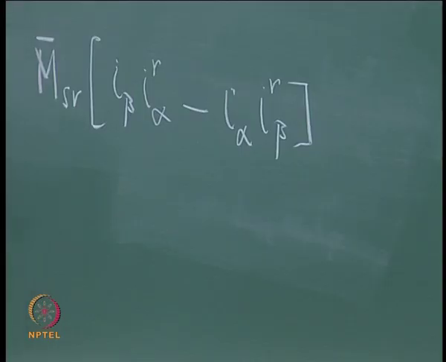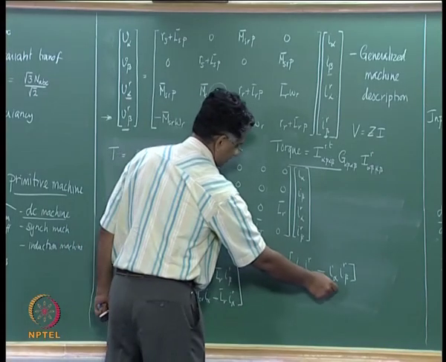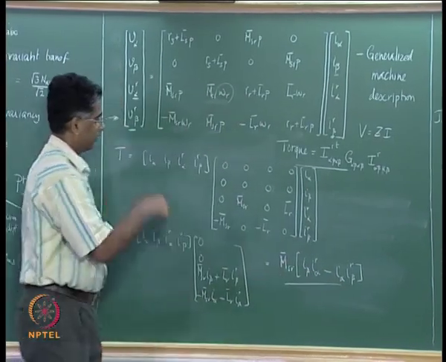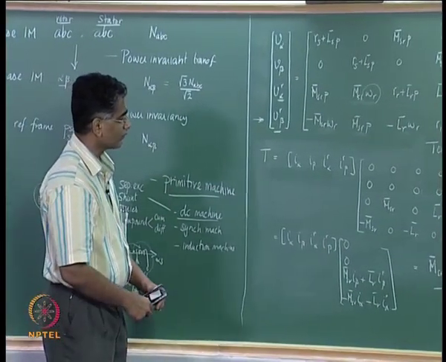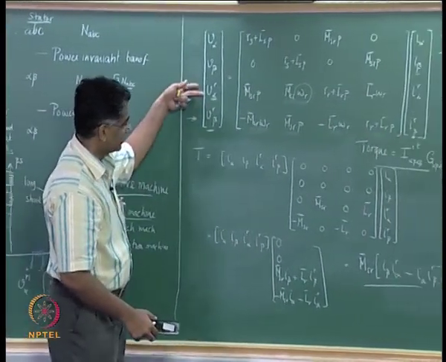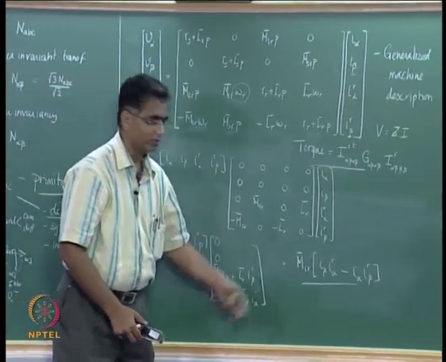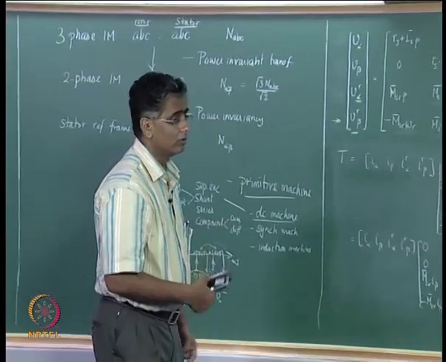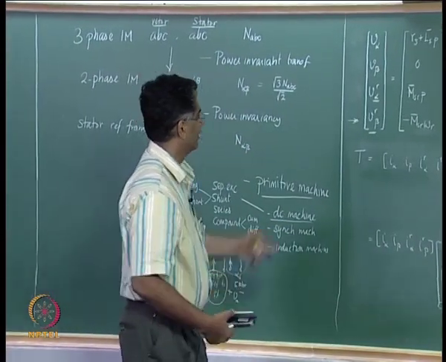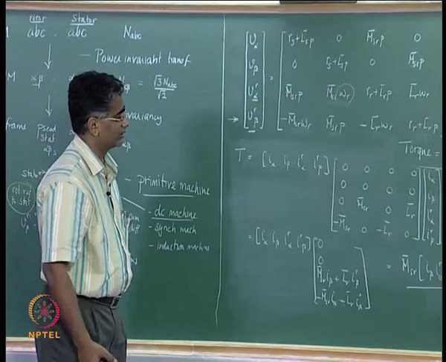So this is then the expression for the generated electromagnetic torque in the machine. This equation and this equation together now describe the full electrical machine, the electrical system and the mechanical system.